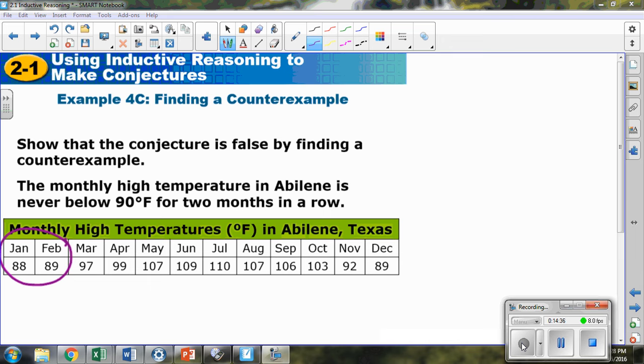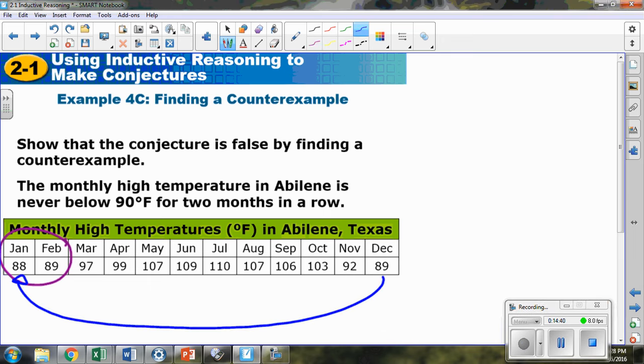Several other students, though, noted that December wraps around into January. And so we didn't just have 2 months in a row. December followed by January followed by February. There are actually 3 months in a row where the average high temperature is below 90.